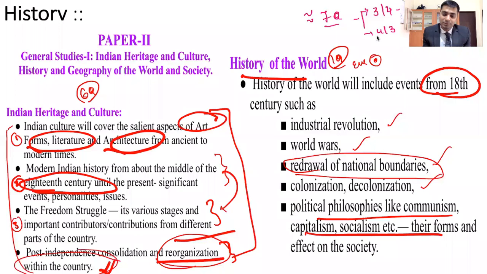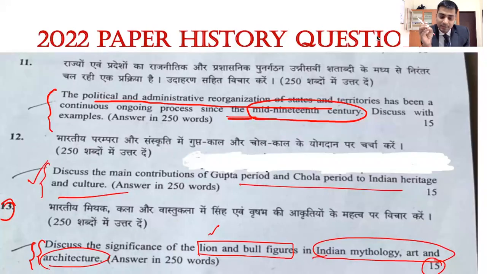Now, if you look at the question, they have not exactly said whether the political and administrative reorganization of the states and territories has been a continuous ongoing process since the mid-19th century in the Indian context or the world context. From the mid of the 19th century means you can expect it from the 1850s.